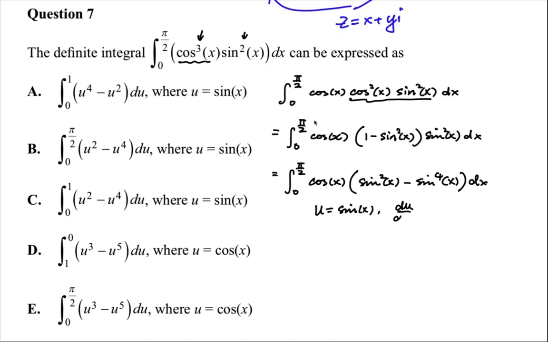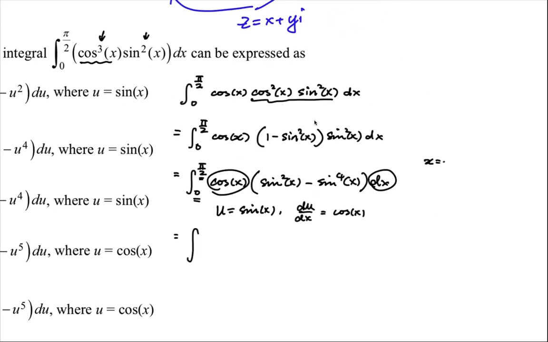So du/dx will be cosine x, which is here. So when this is multiplied with dx, later on you use the reverse chain rule to get du. And notice the old terminals are 0 to half pi. So when x equals 0, sine 0 is 0. When x equals half pi, sine half pi is 1.